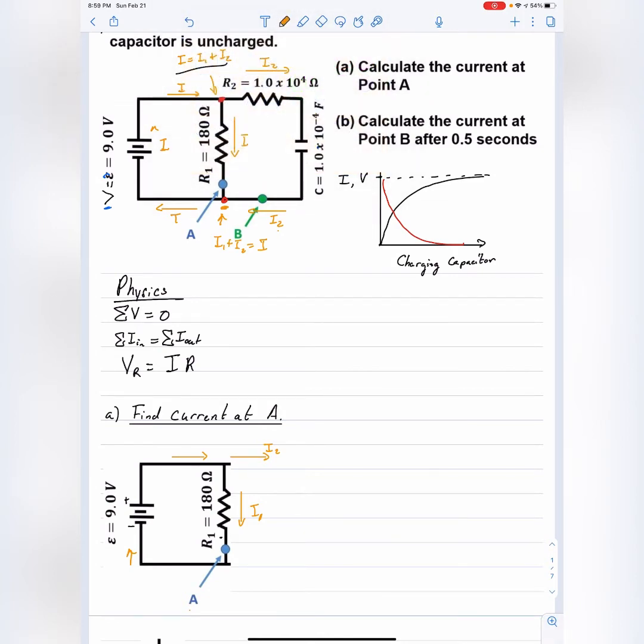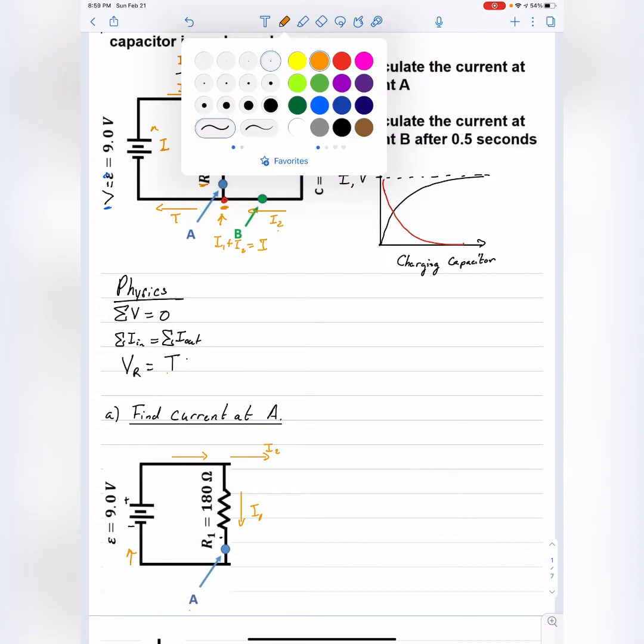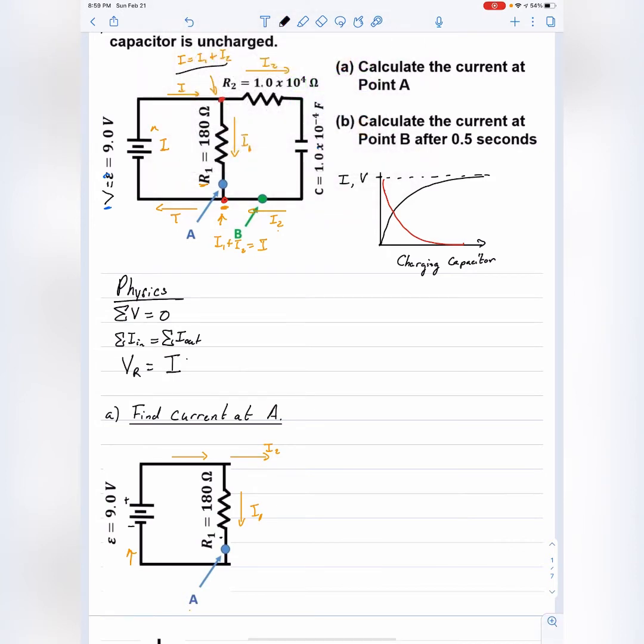If we're looking at current 1 over here and resistor 1, this would be current 1 and resistor 1. Okay? Having some issues with all the coloring. I just want to make sure that you identify all the different things.